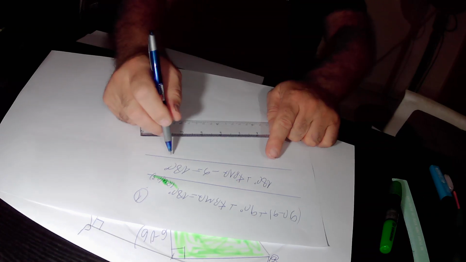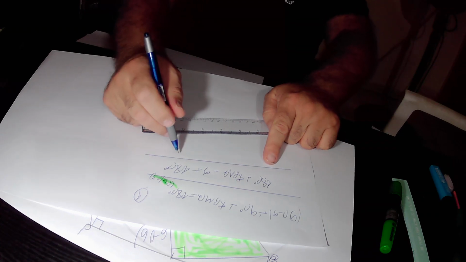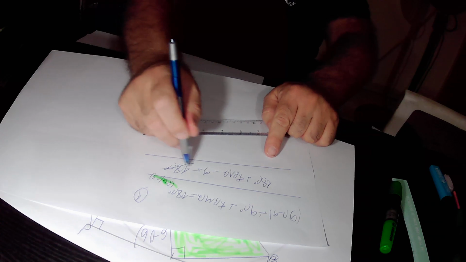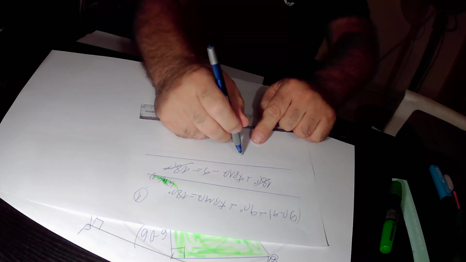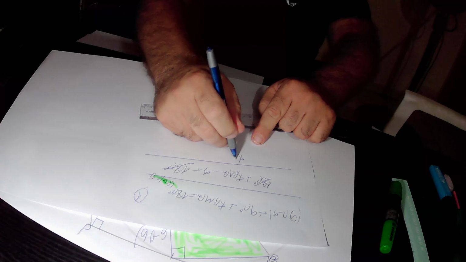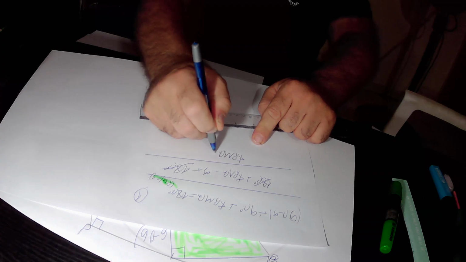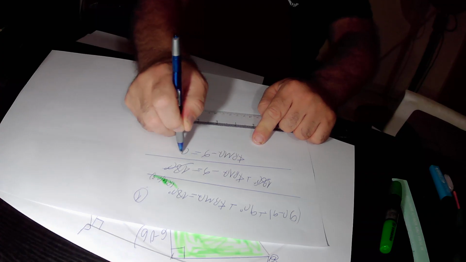So here we have 180 degrees on both sides of this equation, so 180 degrees will get cancelled, and you are left only with the missing angle BMQ minus alpha equals 0.